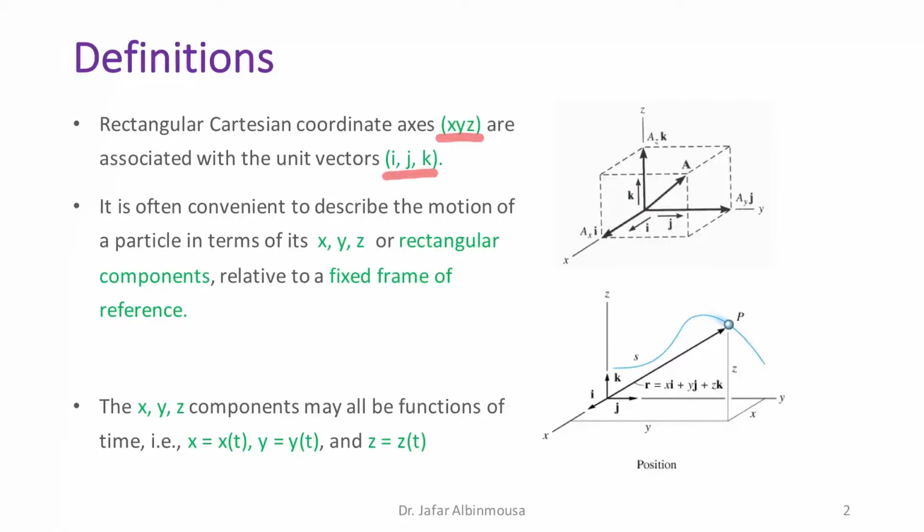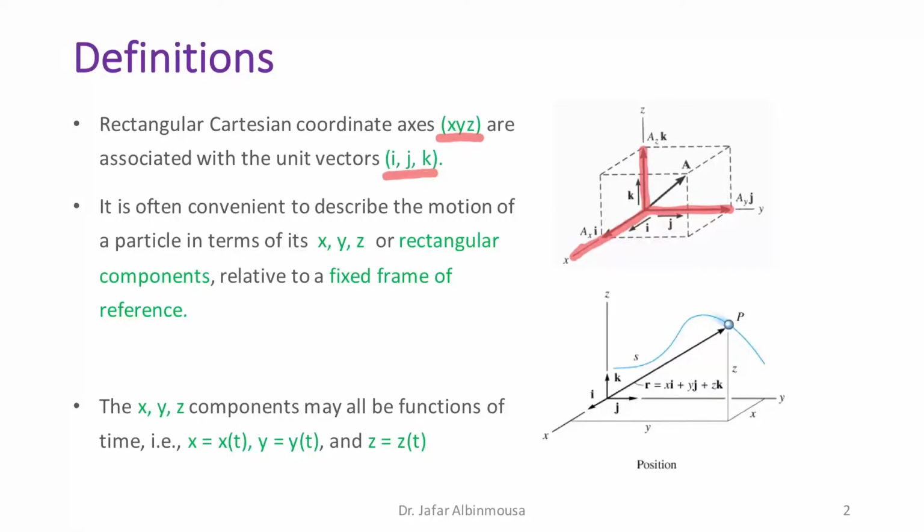Those unit vectors are represented in a coordinate system like this. This is the x-axis with unit vector i pointing in that direction, this is the y-axis with j, and finally this is the z-axis, which is the k-axis.